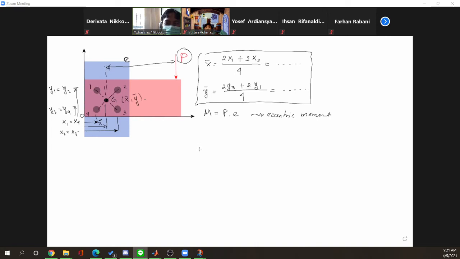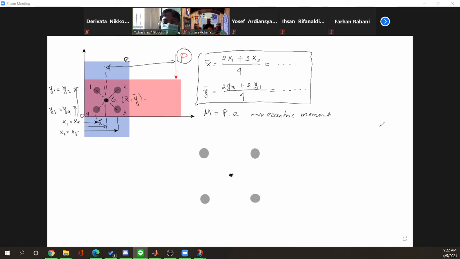We have 4 rivets here, and we have the center located here.